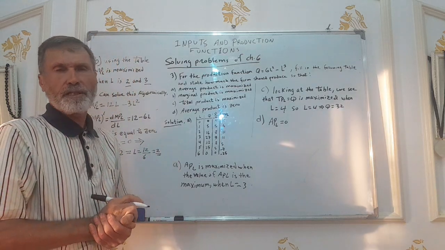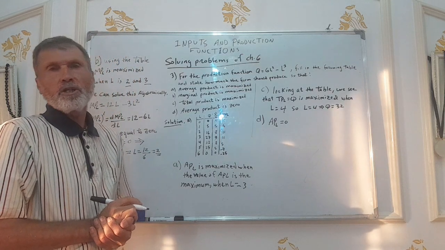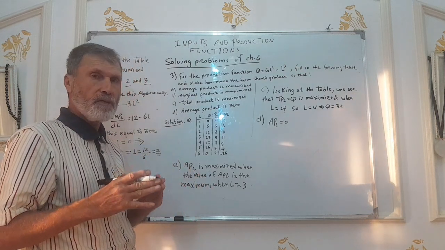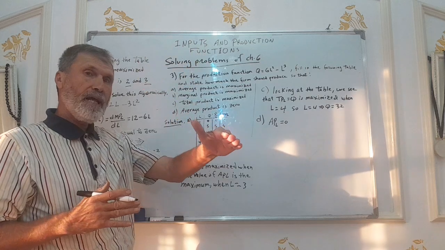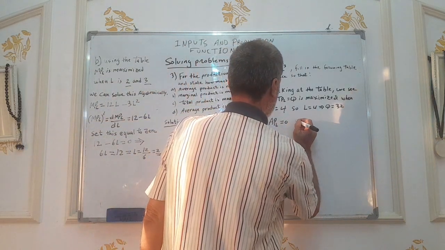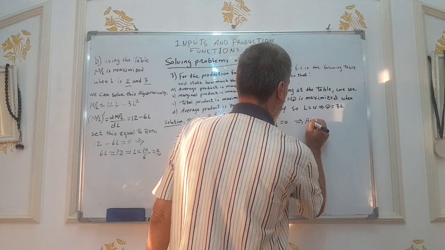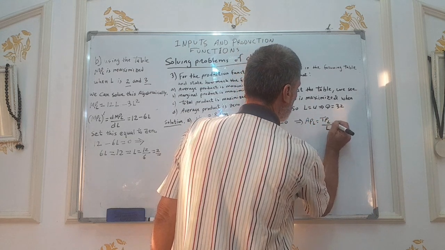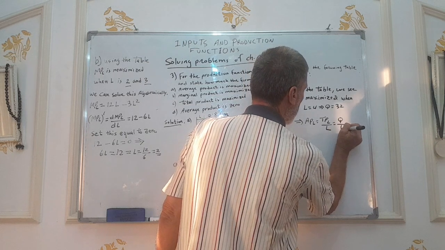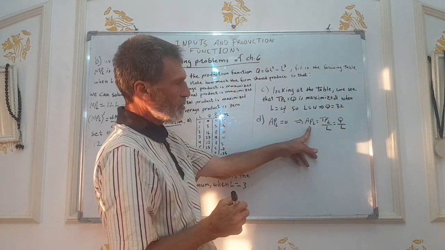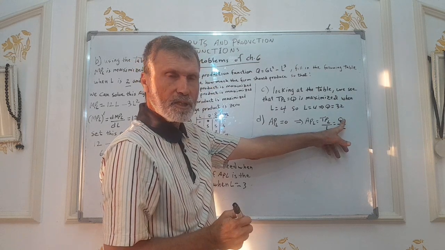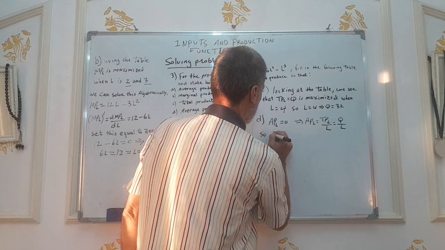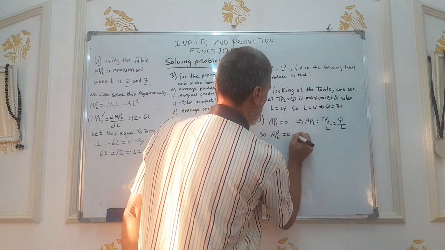Remember, average product of labor is total product of labor over labor, which is the same as Q over L. So average product of labor is 0 when the numerator is 0, which is when Q, the total product of labor, is 0.